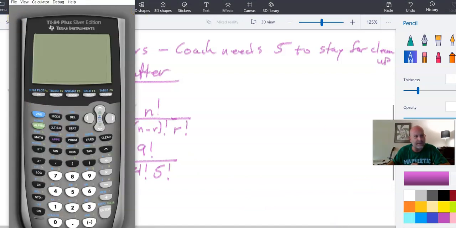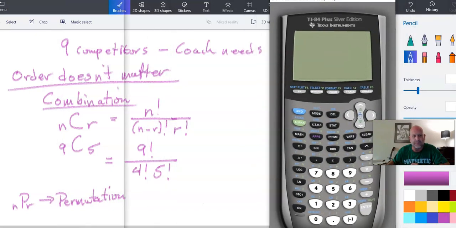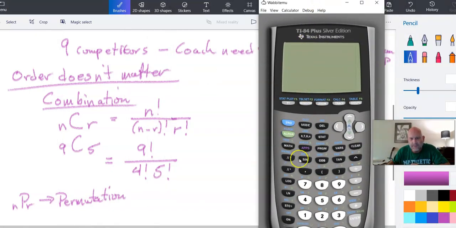All right, so actually let's scoot this over here so we can see what we're doing. So we turn this on, and let's see here. We have 9 factorial divided by, and you have to use parentheses on this because otherwise it will only divide the first factorial and then multiply the second one instead of dividing it also.